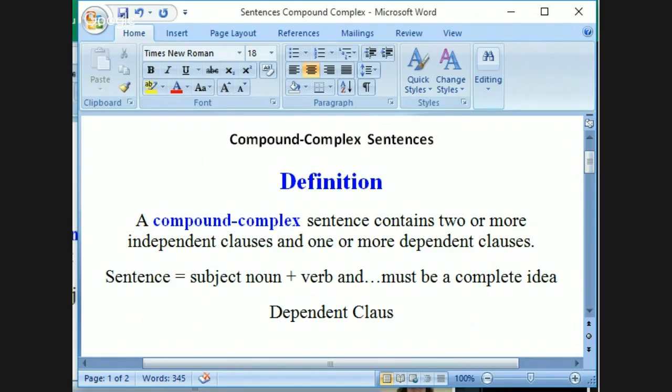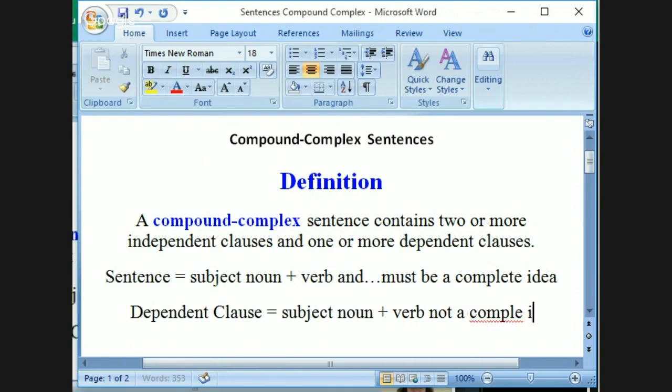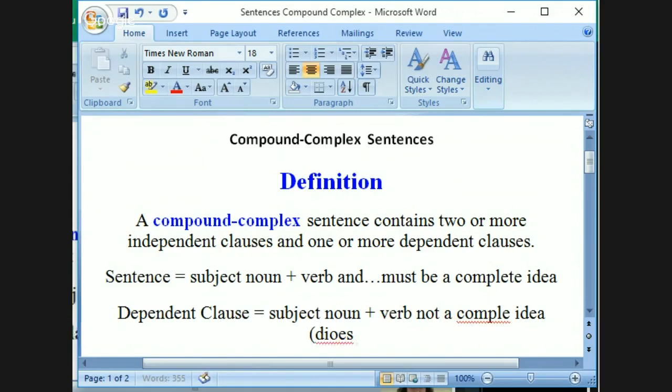Not necessarily. It often does, but it doesn't necessarily have to have one. It also needs to have a subject noun. Otherwise, it's not really a clause. It also needs to have another verb. But it is actually not a complete idea. It does not make sense by itself. It does not stand alone.